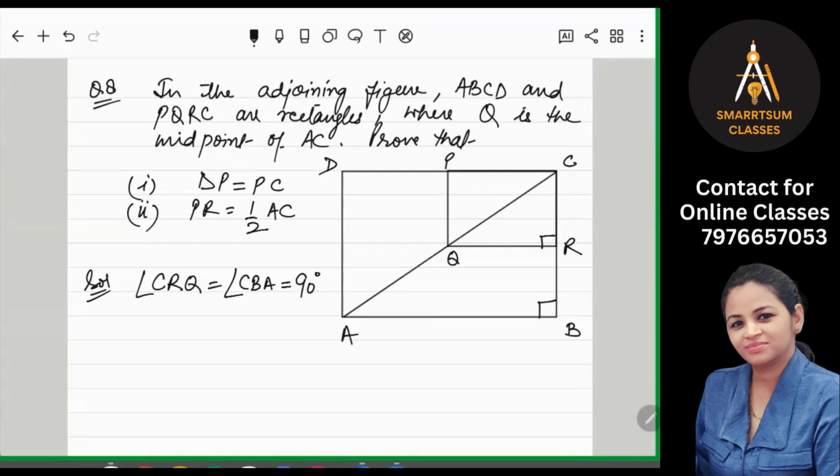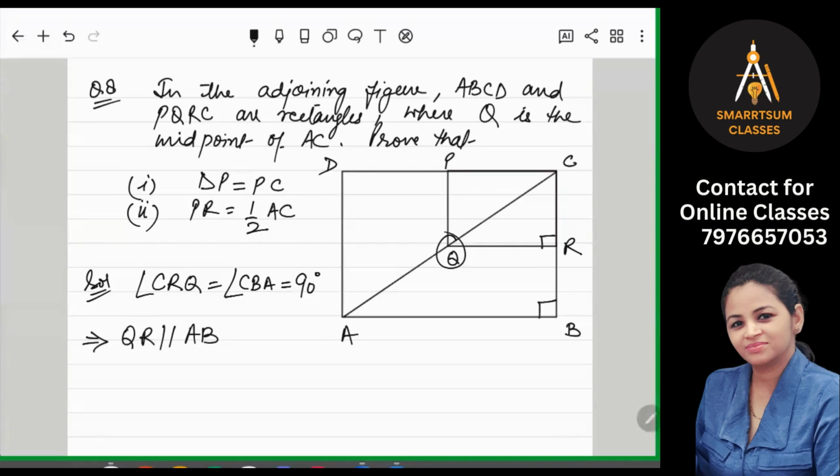Angles of the rectangles are right angles. That means QR is parallel to AB. Why is QR parallel to AB? Because Q is the midpoint.